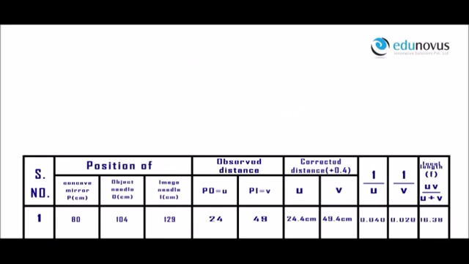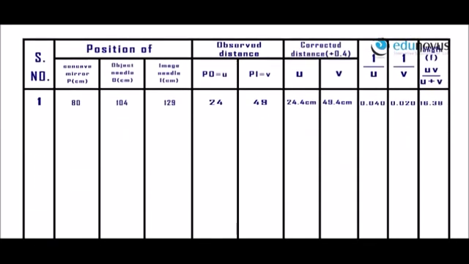1 by u is 0.040. 1 by v is 0.020. f is equal to 16.38 centimeters.